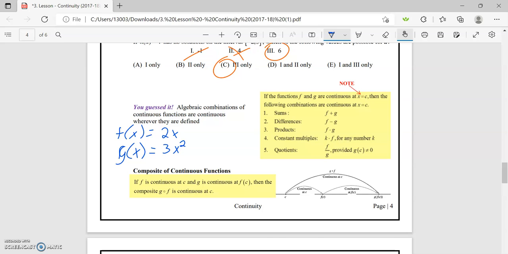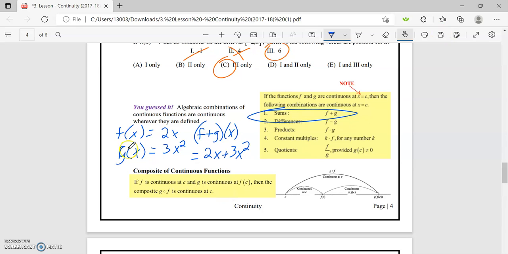We're not ever going to be at a point where we have to lift our pencil to make this thing work. So if we were to say f plus g of x, so this first one, the sum of these two, this is a new function, but that new function is taking f of x plus the g of x.